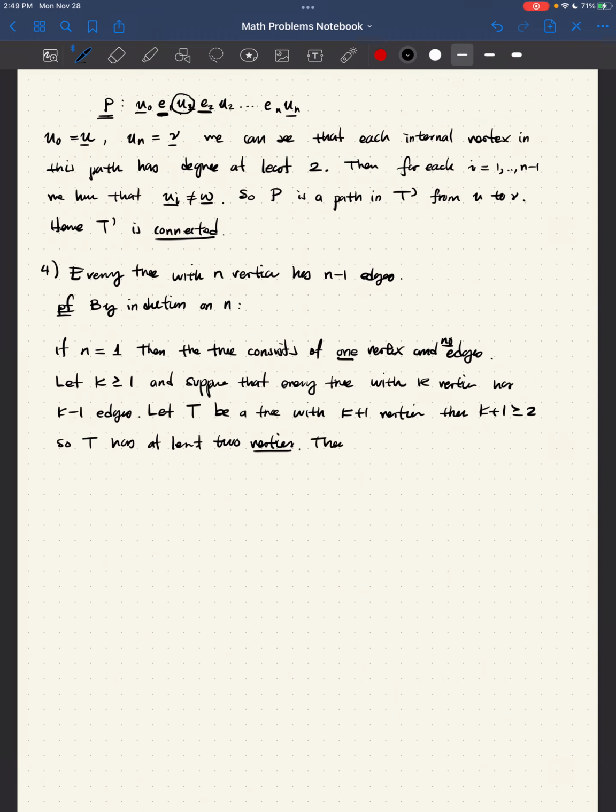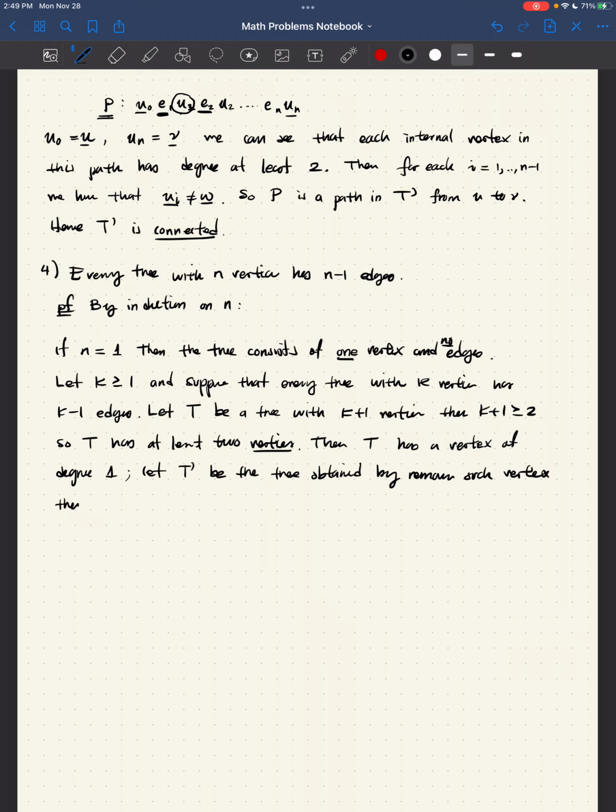Then T has a vertex of degree 1. Let T prime be the tree obtained by removing such a vertex.